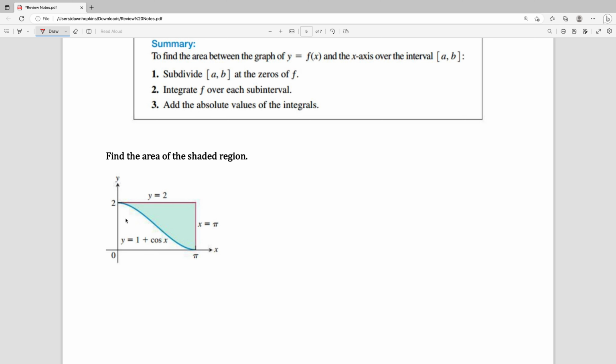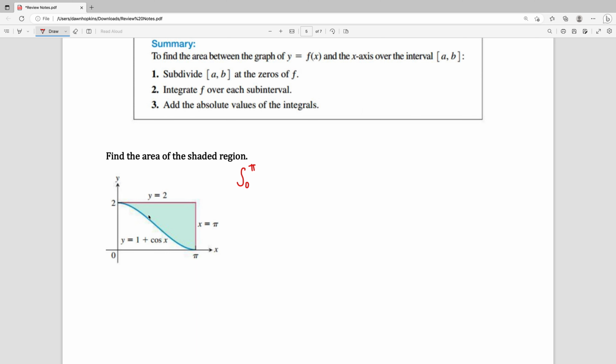Typically when you'd find the area, it'd be the area under that function, but here we're asked to find the shaded area. And this is the area between y equals 2 and y equals 1 plus cosine x. So what we're going to do here is subtract these two functions. So we're looking at the integral from x equals 0 to x equals pi.